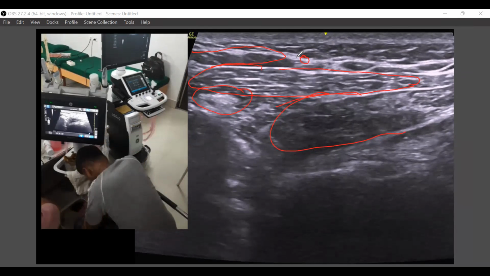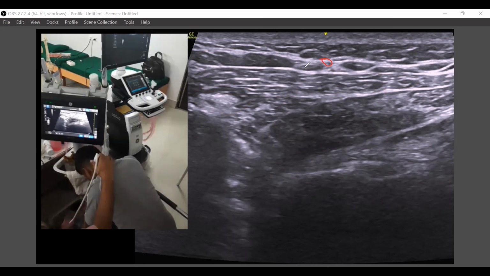So please clear the annotations. Sorry. Okay, so here is the lesser occipital nerve, and normally it curves around.